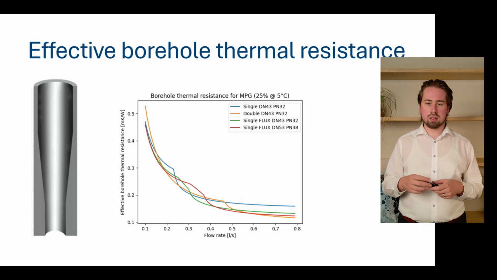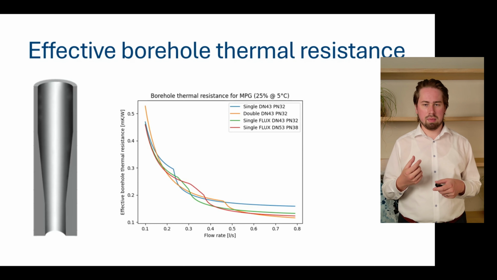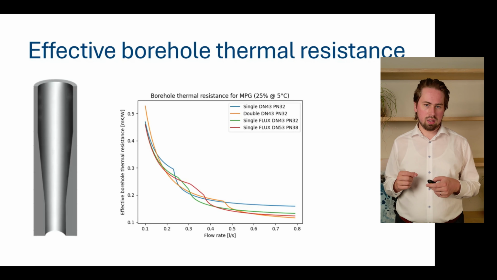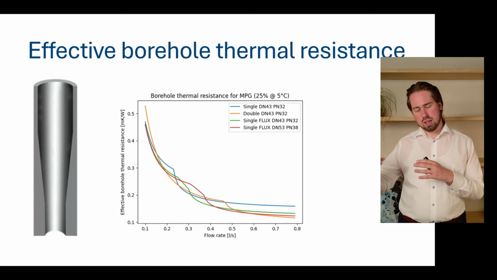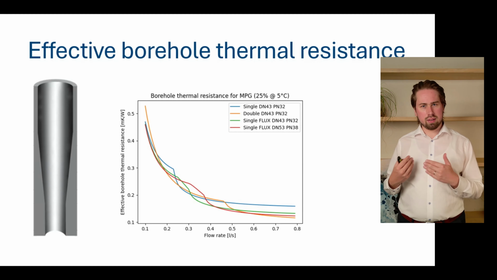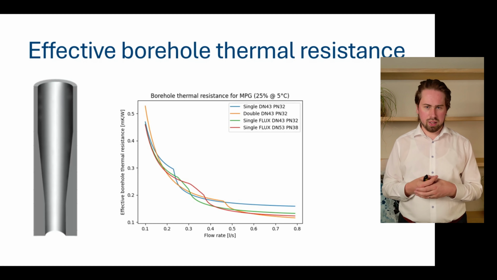And we also see that our single flux DN53, so an even larger diameter, comes really close to the performance of the double DN43 here. It's still a little bit underperforming in the turbulent region, but it's very close. And if you look at the pressure drop in a second, it will actually be an interesting trade-off there.